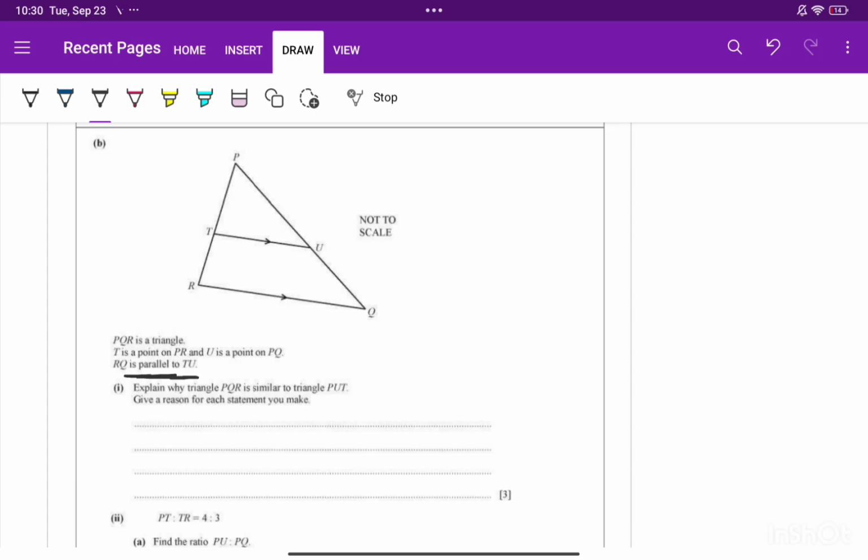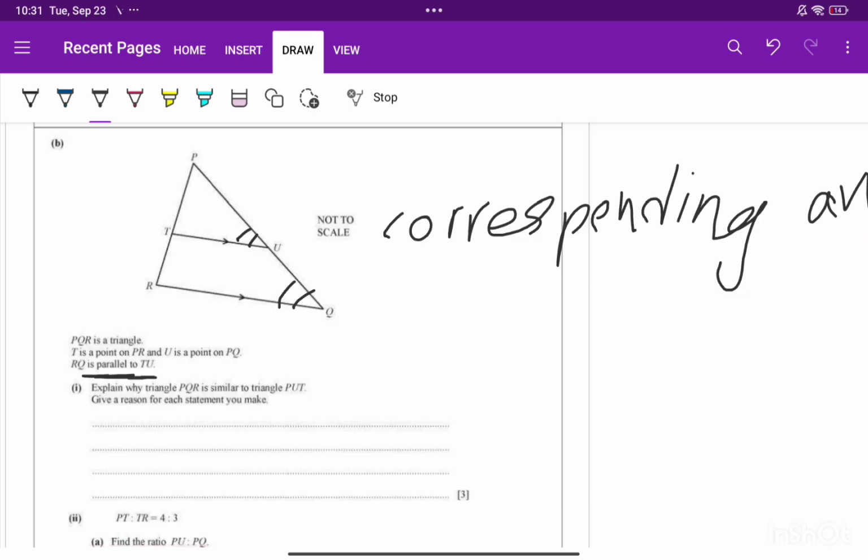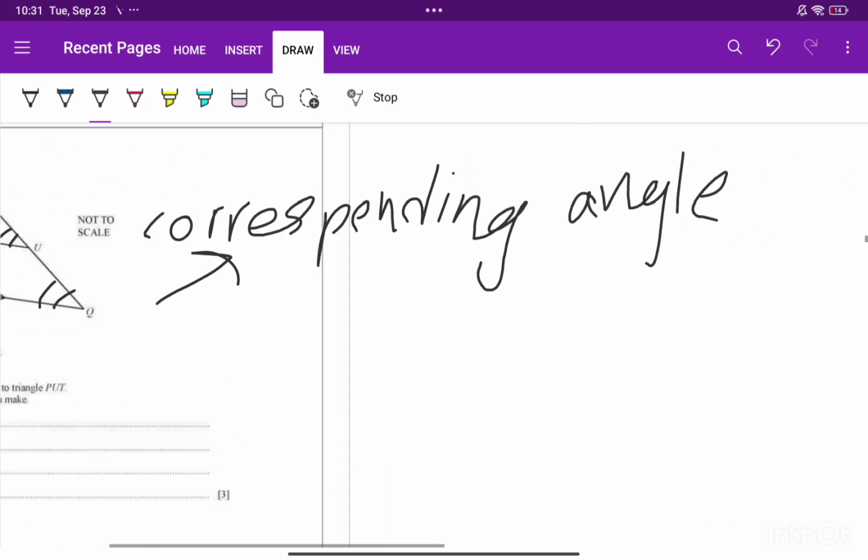So PUT and PQR will be equal because of corresponding angles, and PTU and PRQ will also be equal because of corresponding angles.